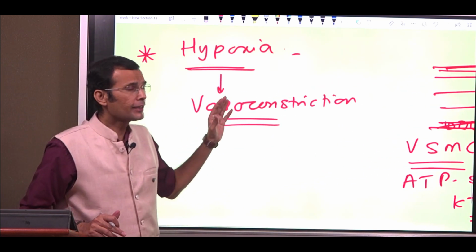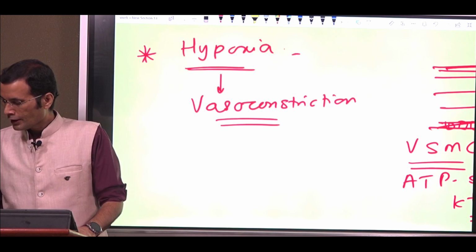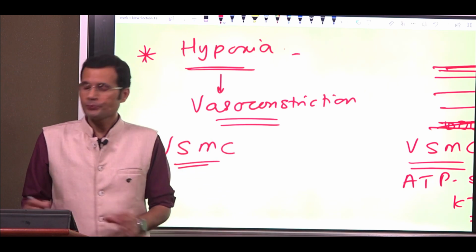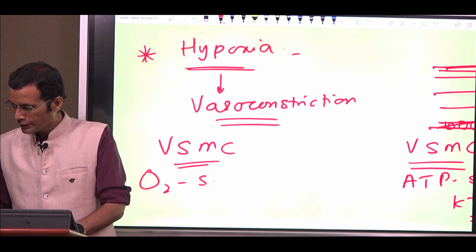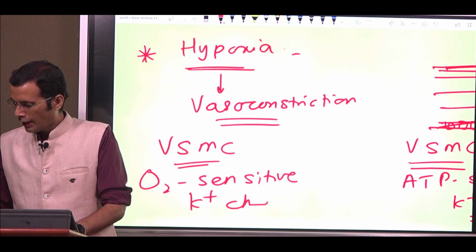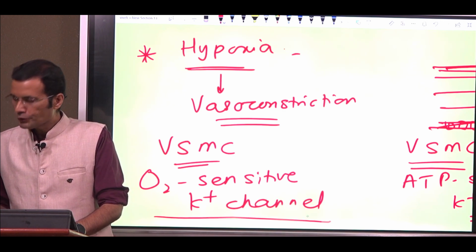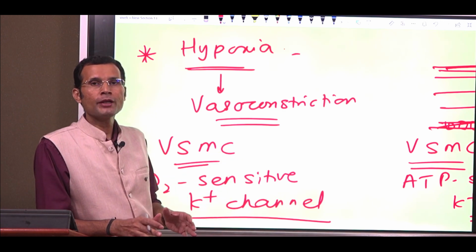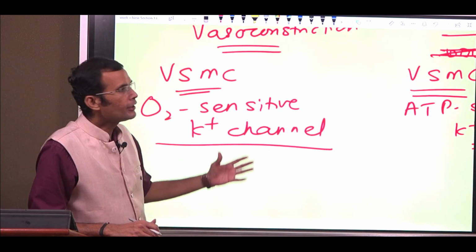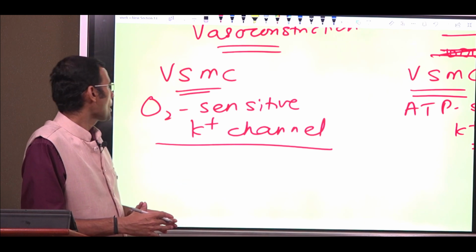Whereas in the lungs, the vascular smooth muscle cells have O2 sensitive potassium channels. I would again suggest you refer to that video where I have discussed the potassium channels, so that this will be further clarified.